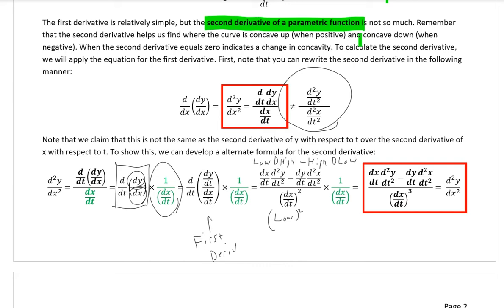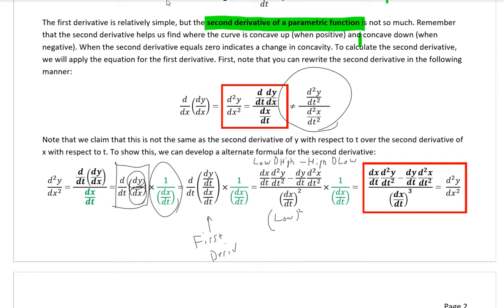We have the bottom, dx dt, times the derivative of the top, so d squared y over dt squared, minus the high, dy dt, times the derivative of the bottom, so x with respect to t twice, over dx dt squared.